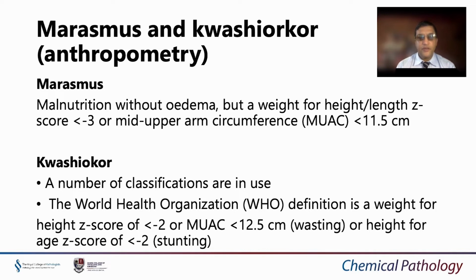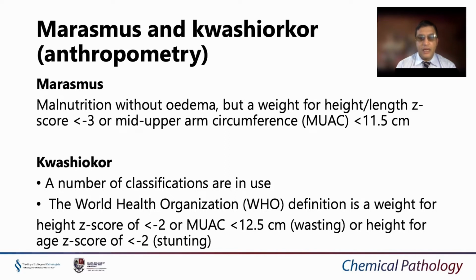Looking at the anthropometric classifications, marasmus and Kwashiorkor are listed here. There are different types of classifications, and the WHO system of definitions can be used. Marasmus then is malnutrition without edema, but a weight for height or length Z-score of less than -3 or a mid-upper arm circumference of less than 11.5.